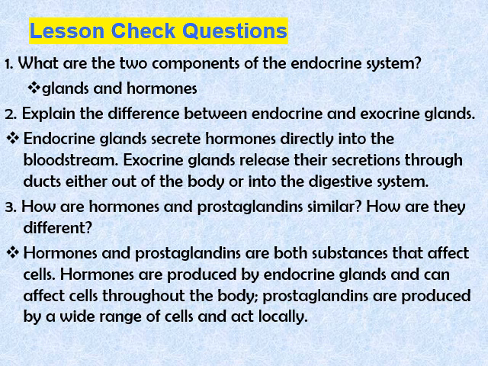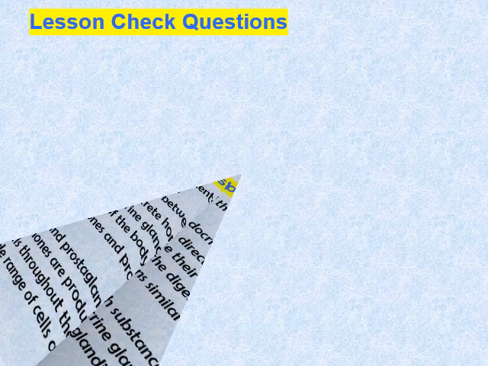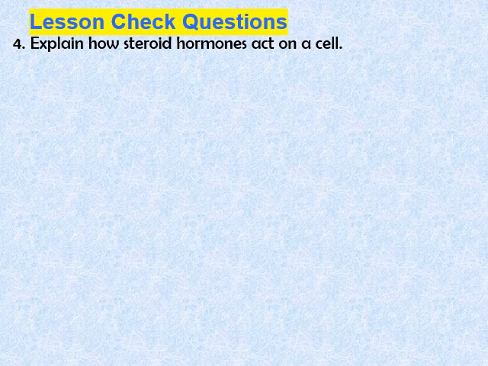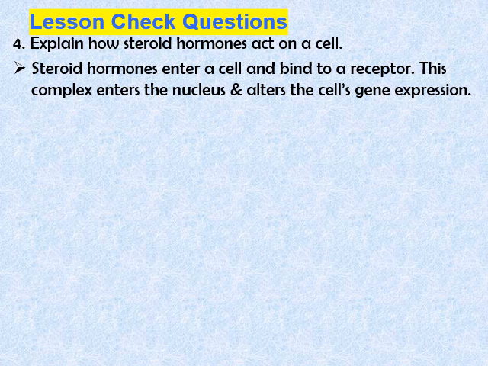While the difference is hormones are produced by endocrine glands and can affect cells throughout the body, whereas prostaglandins are produced by a wide range of cells and act locally. Question number 4. Explain how steroid hormones act on a cell. Well, steroid hormones enter a cell and bind to a receptor. This complex enters the nucleus and alters the cell's gene expression.